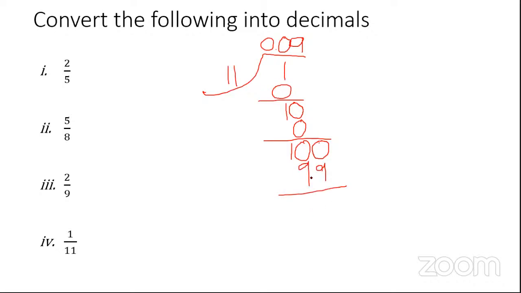So when we subtract, we get 1. So 1 divided by 11 gives us 0.0. Okay, so 0 times this.